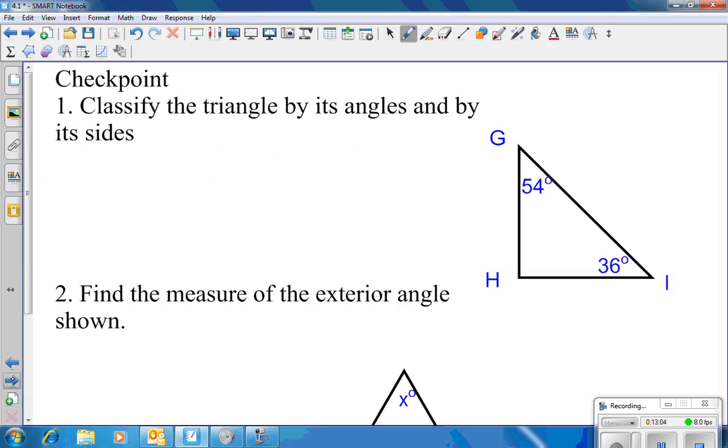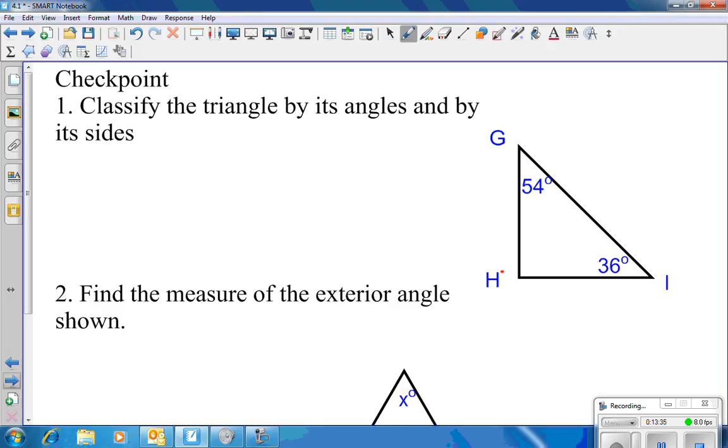Okay, last part. We're going to classify the triangle by its angle and by its side. So on this picture here, I guess I need to figure out what the measurement of angle H is in order to determine what the sides or what the angles are. So how would I find the measurement of H? Good.